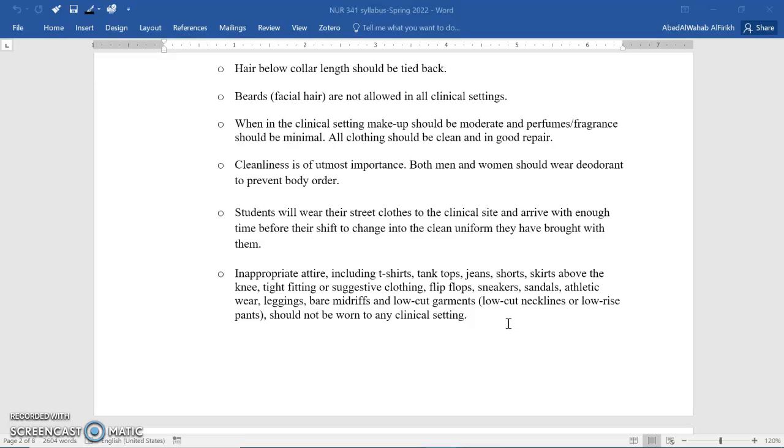You will receive unit-specific orientation by the assigned faculty. For example, in the community setting, you will have further orientation by Ms. Sarah or Dr. Mirna Dumet regarding the assignments that you will be submitting, such as patient education and community report.